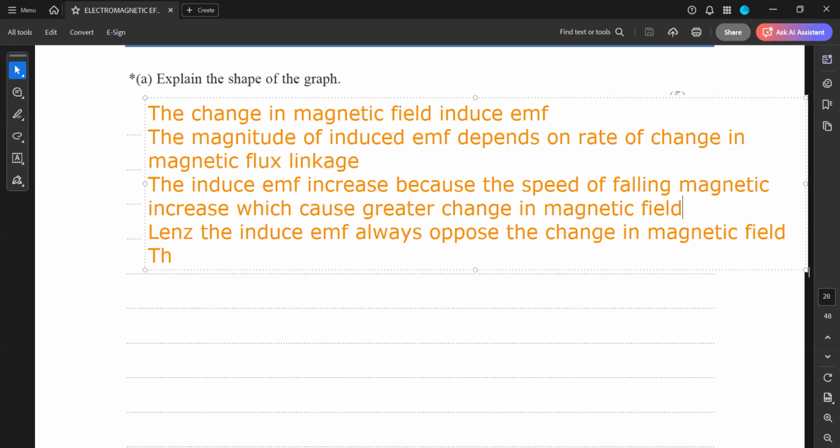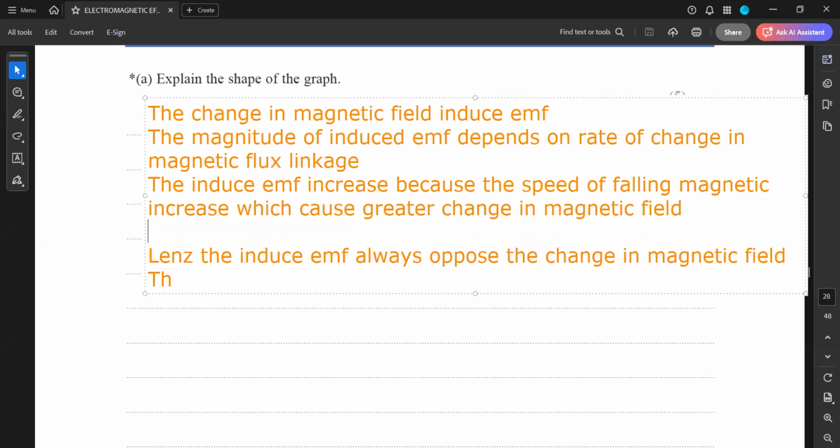And how do we identify that the speed of the magnet is increasing?